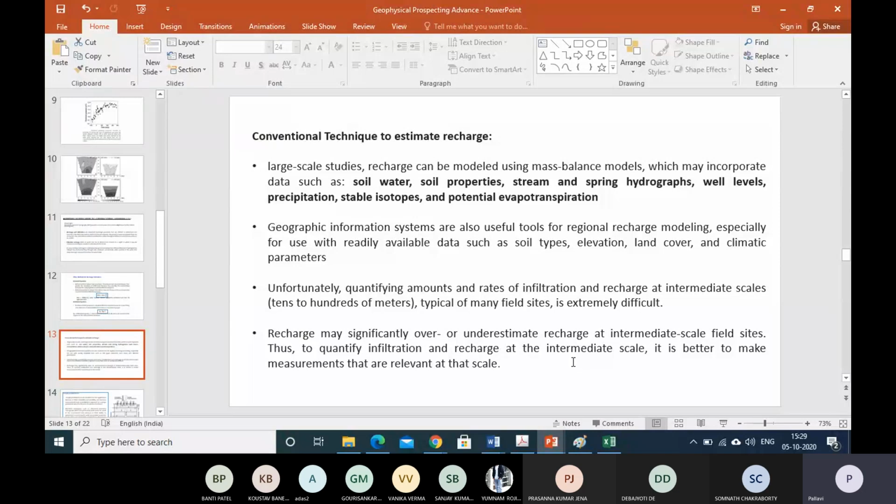For example, subsurface runoff is a very common phenomenon, okay. And after subsurface runoff, there are other phenomena, for example, evaporation, evapotranspiration in the aeration zone, okay. So all these things are going to occur, okay.